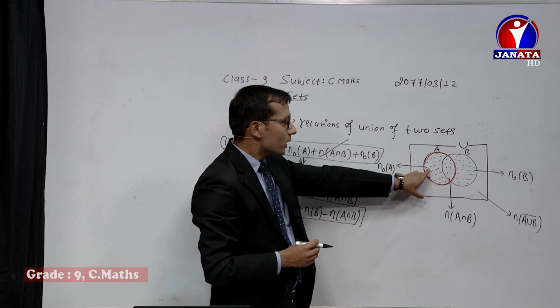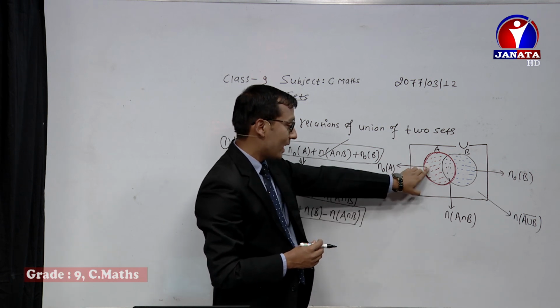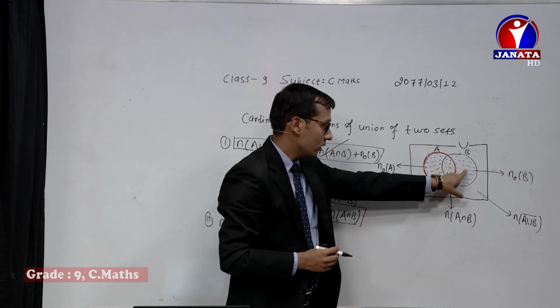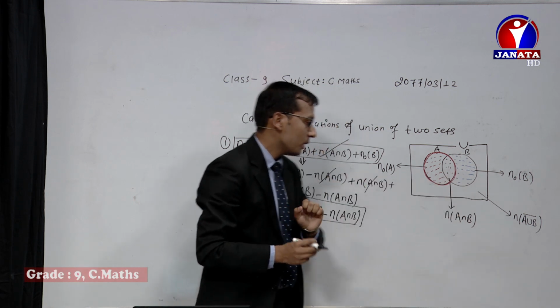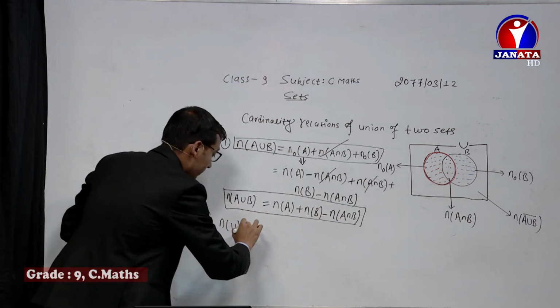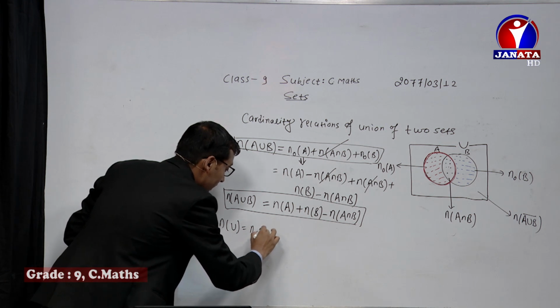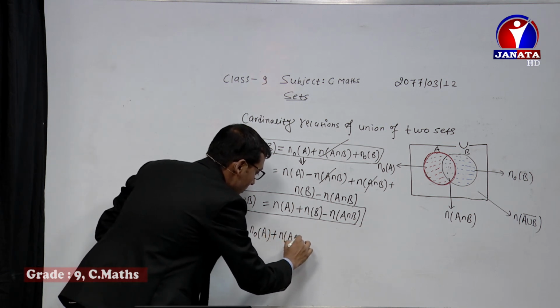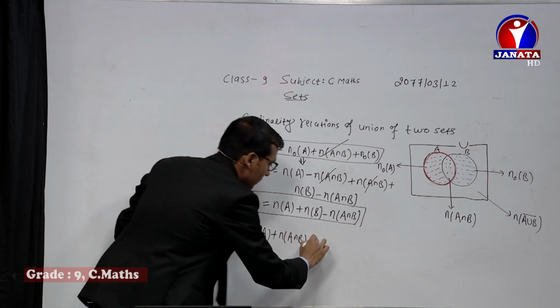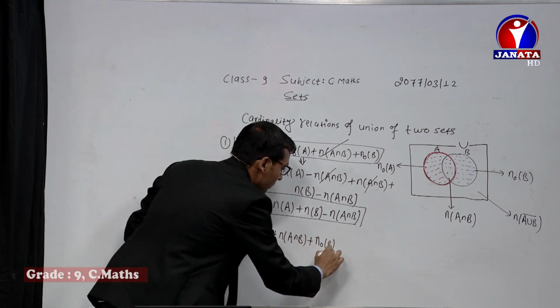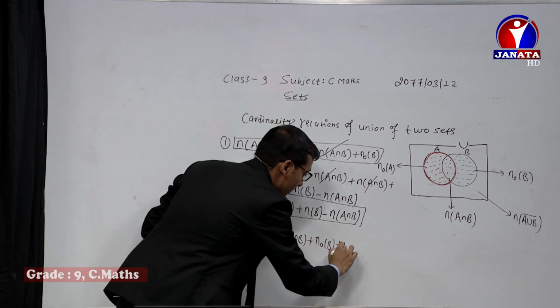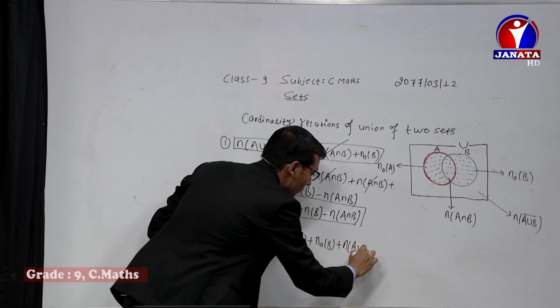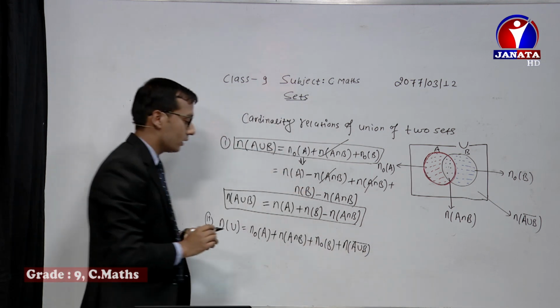N of U contains four different regions which are n only A, intersection, n only B, and complement. So n of U is n only A plus n of A intersection B plus n only B plus n of A union B complement.